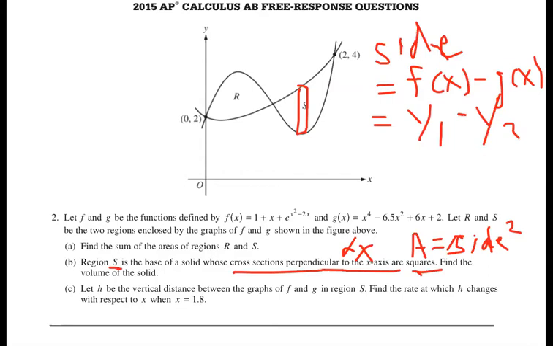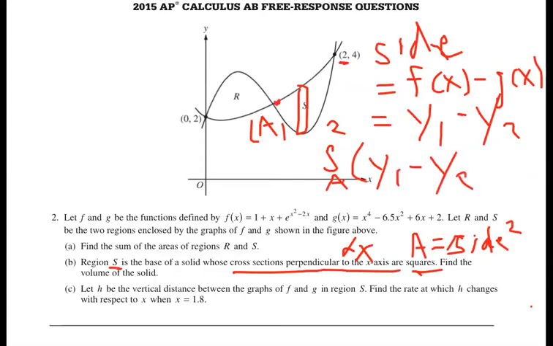When you get the volume of your squares, you're going to do the volume from A, because remember that x value there was an A. And you're going to go to 2, because this is the x value there. And then you're going to take your y1 minus y sub 2.